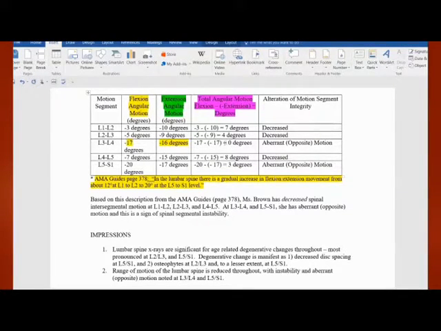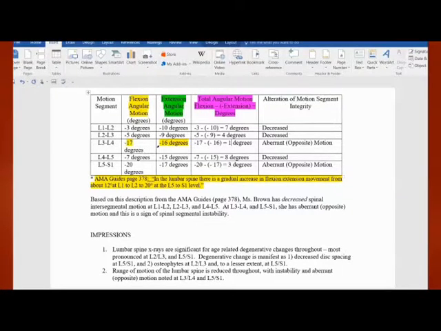So we know that this is an area where there's almost no motion. So the conclusion is for either decreased intersegmental motion, or in this case with a finding of minus 16 degrees, that is a finding for opposite or aberrant motion. And in either case, that represents a significant loss of motion segment integrity.